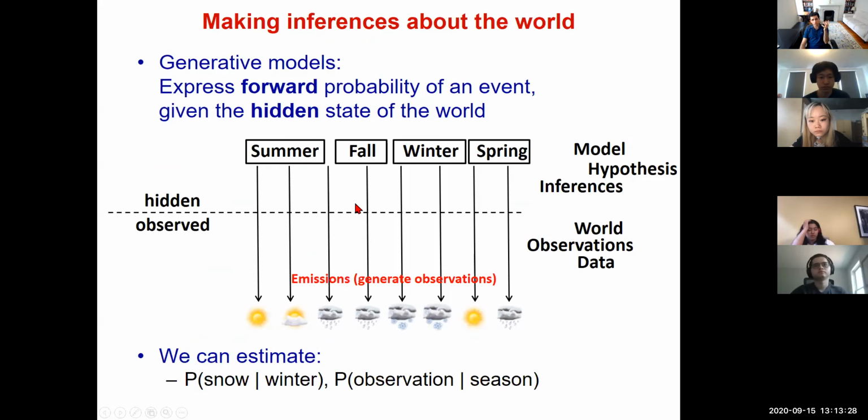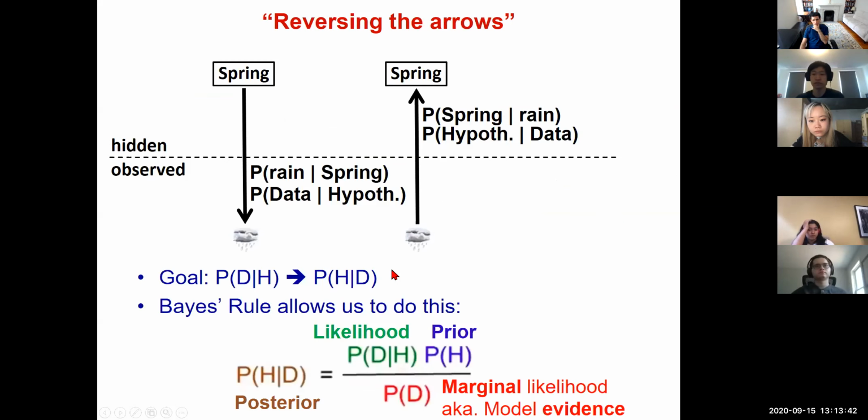And what we did was to separate the hidden from the observed. The hidden was the model of the inferences we make about the world, and the observed was what we actually observe. We looked at how we can use Bayes' rule to effectively reverse the arrow of directionality of those conditional probabilities.